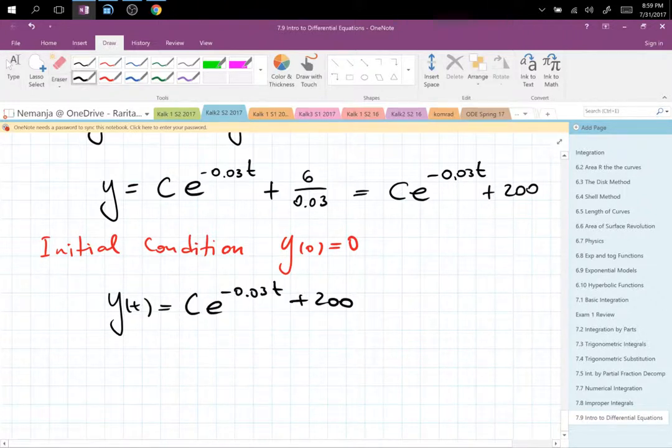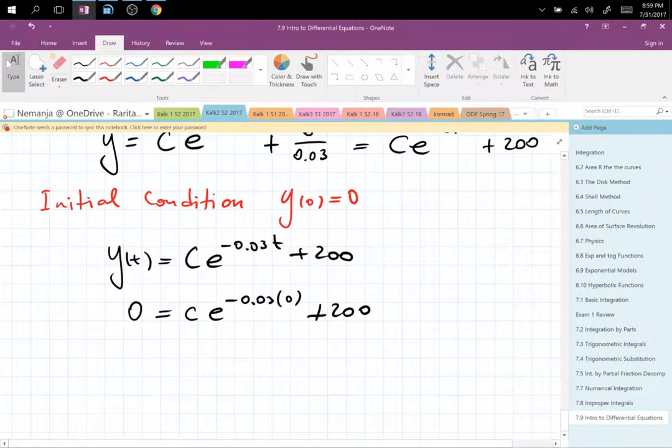Because I know y is equal to 0. Ce to the negative 0.03 times 0 plus 200. So what I get is that 0 equals C times e to the 0, which is 1, plus 200.